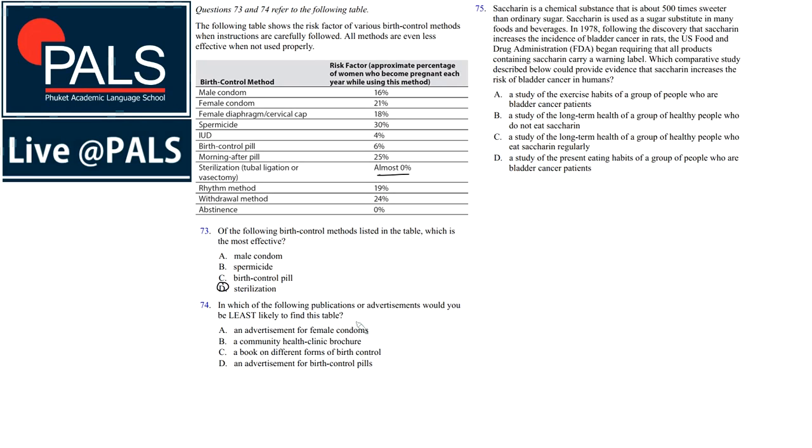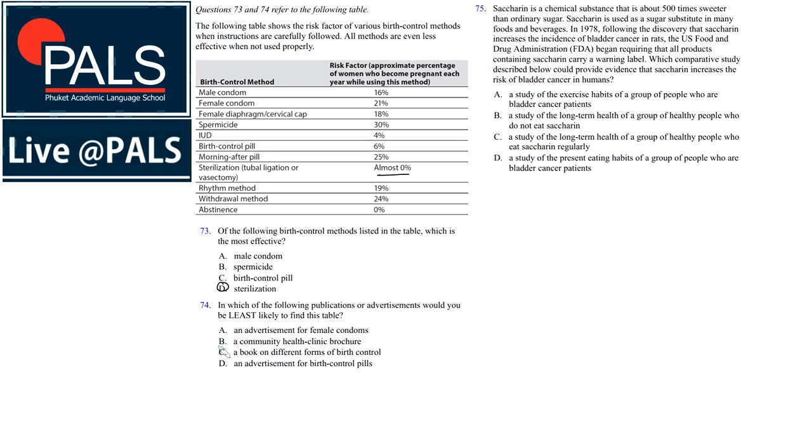In which of the following publications or advertisements would you be least likely to find this table? So in an advertisement or a publication, where would we not find this table? An advertisement for female condoms, community health clinic brochure, a book on different forms of birth control, and an advertisement for birth control pills.